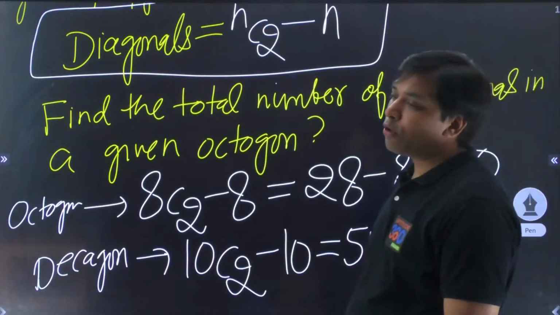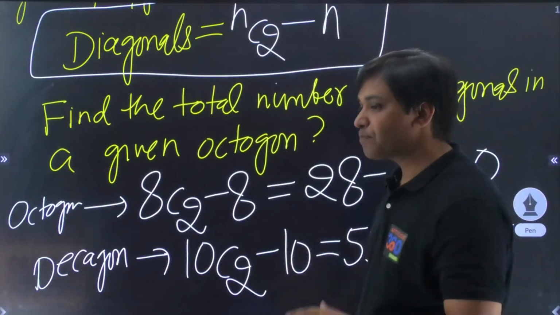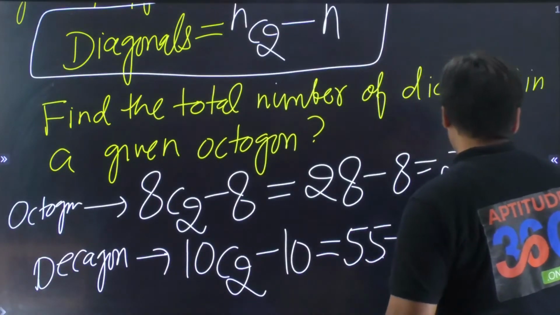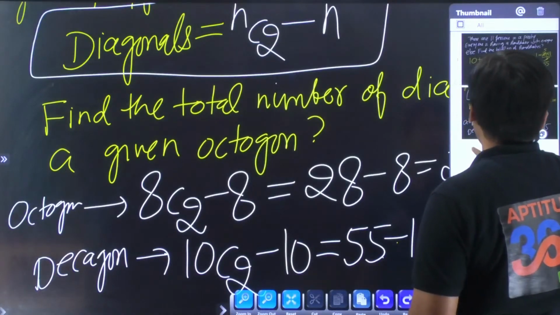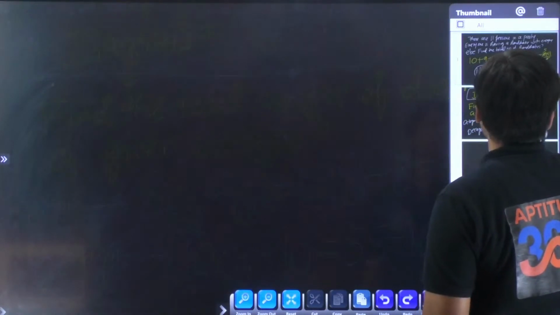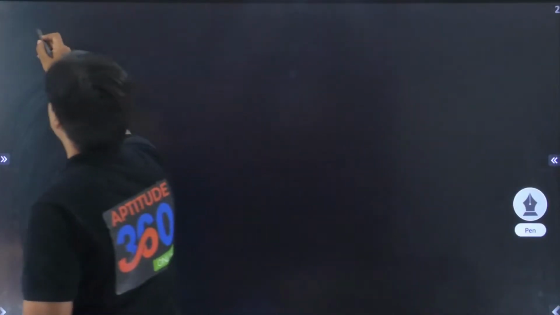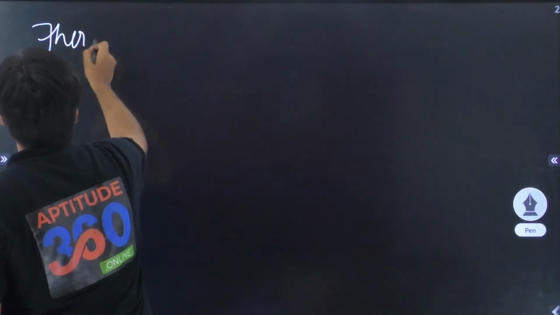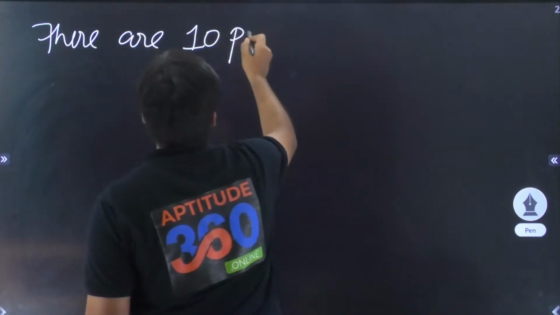I found out for decagon, a shape having 10 sides. Now if you're understanding this thing, I need to be solving this problem out here, and I say that there are 10 points. It's a very good problem to solve.